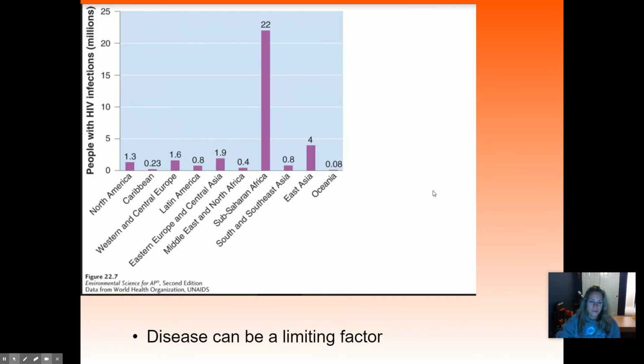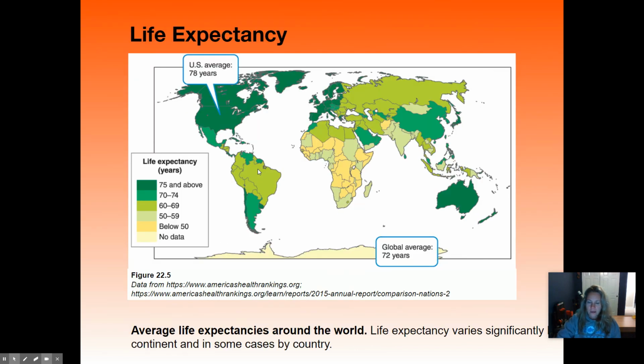All right, and then this is showing something else to think about. So here's different countries, and then you can see people with HIV infections. So generally low, except for when you get to sub-Saharan Africa, it's extremely high. And so this can be a limiting factor for sure. So if we look at that life expectancy in sub-Saharan Africa, we go back a couple slides, it was pretty low.